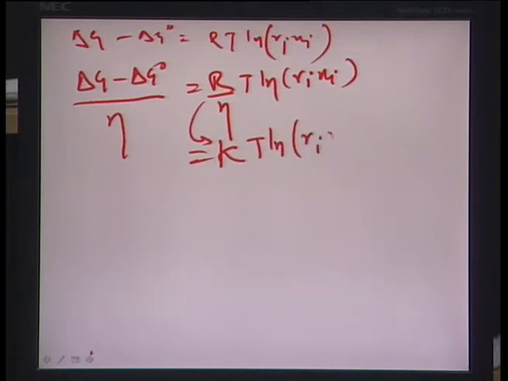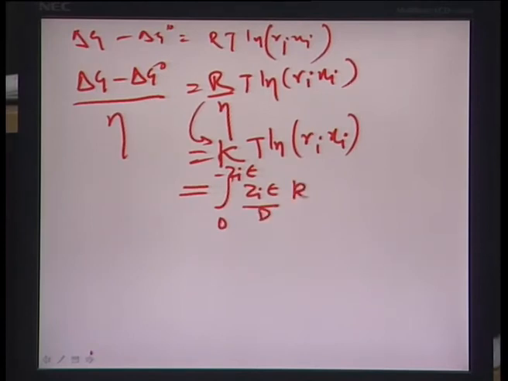times k times ln xi gamma i, and this is equated to our work done here, which is essentially this factor 0 to Zie, and this is a negative charge. So, it is minus Zie times Zi epsilon k divided by d times 1 plus k a, times d Zi epsilon.